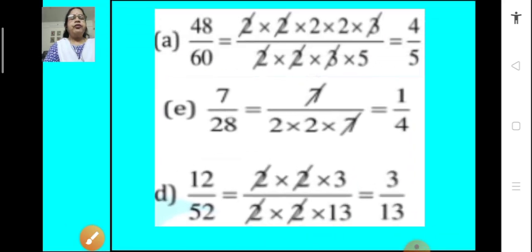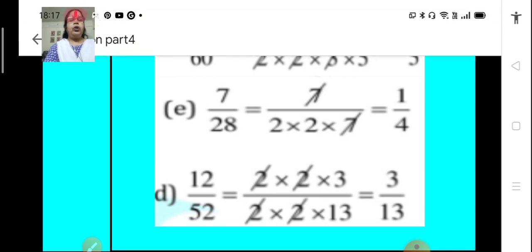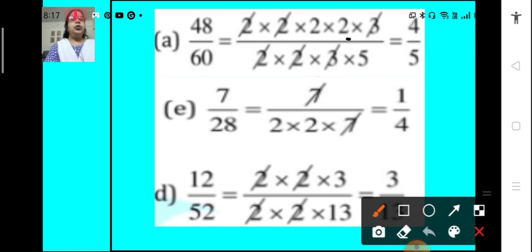We can also find the simplest form by this method. I have shown this method also. What we do is write all the prime factors of the numerator like this. We find all the prime factors of the numerator and all the prime factors of the denominator.